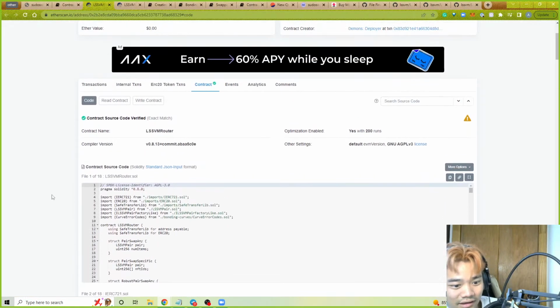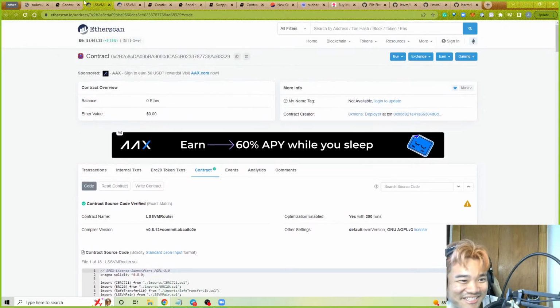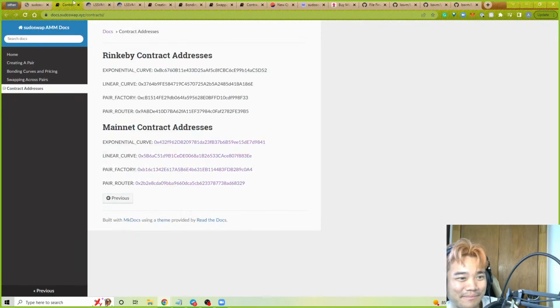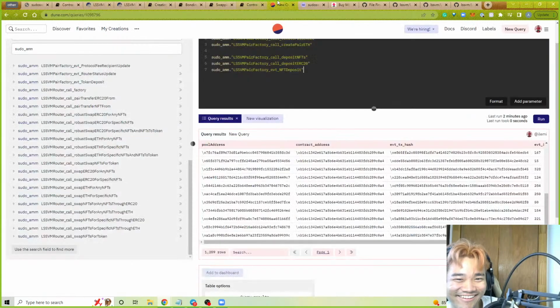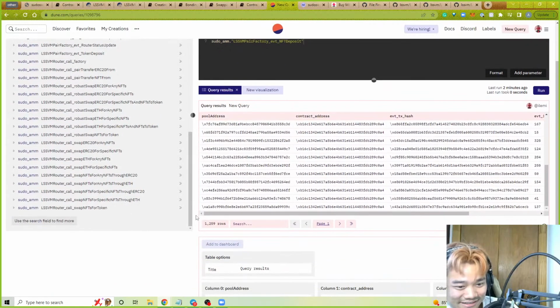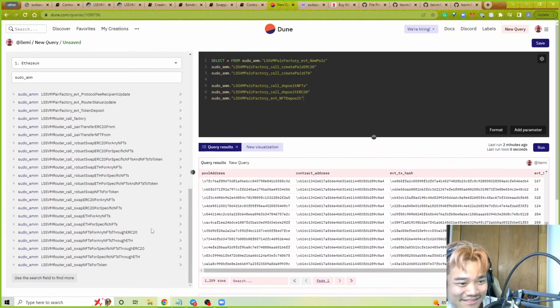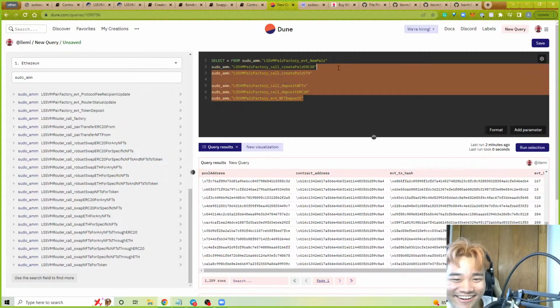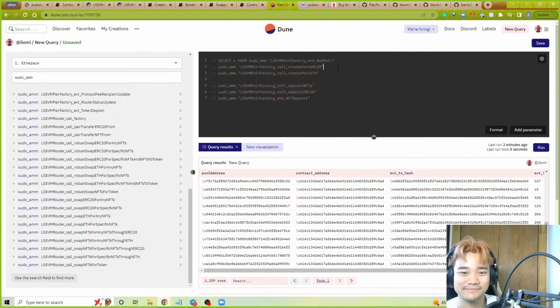Okay, this is pain. Why do they not have... they hate data analysts. That's okay. Sudoswap, if you're listening, if you have a router, please include events on it so that we don't have to track all of these function calls. That'd be nice. All right, fuck it.